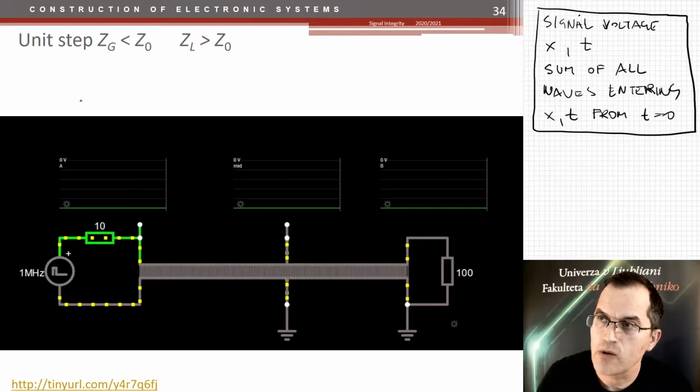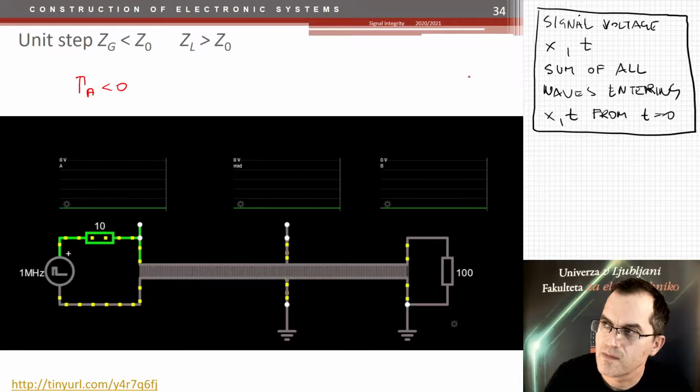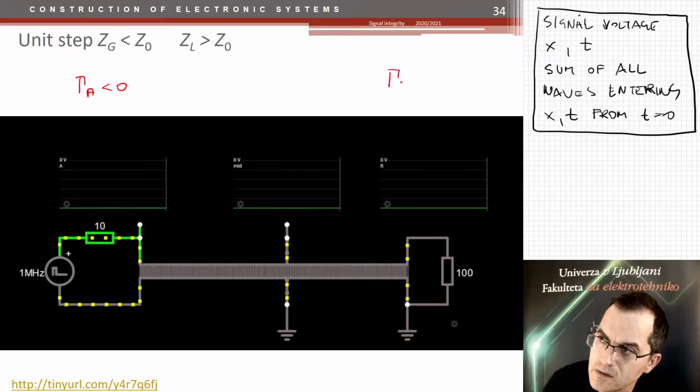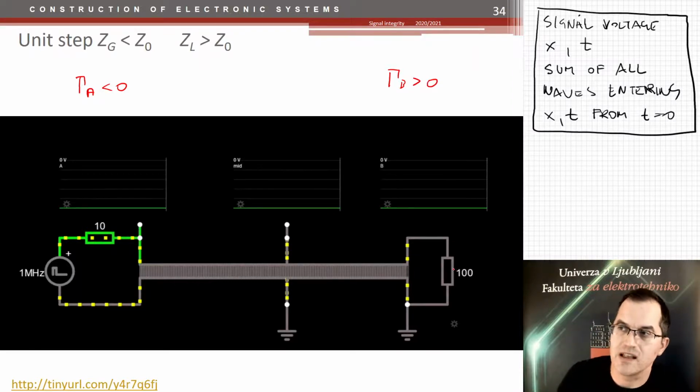Well, what do we have here? We have source impedance which is less than Z0. So gamma on the generator side is less than 0. And on the load side we have positive reflection coefficient because the load impedance is larger than the Z0.